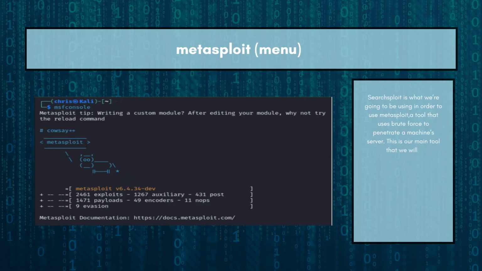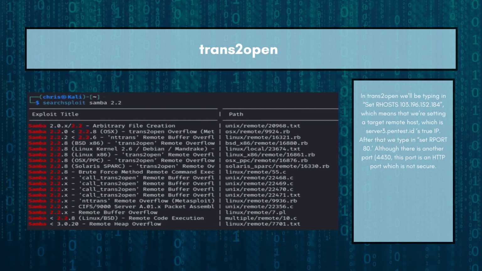First of all, I typed in msfconsole, which led me to the Metasploit console, and it let me choose a variety of options. Eventually you're going to find this panel because I used search to look for Samba 2.2, and you're going to have a few other options, and what you'll be choosing is trans2open.